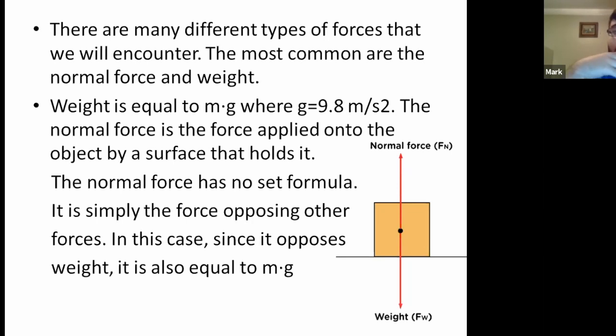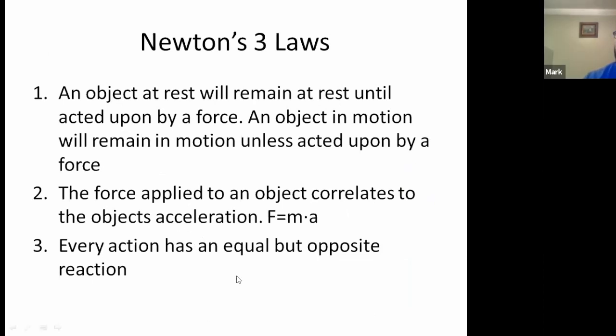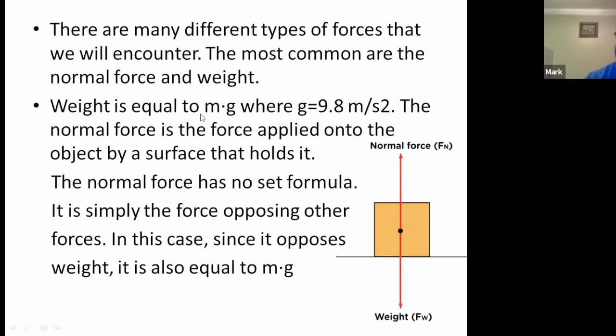It's equal to 9.8 meters per second squared. Okay, and again, weight is a force, and it's equal to mg. If we look at this exact equation again, F equals ma, well, we have weight, a force, equal to m times g, which is an acceleration. So this follows a very simple law.